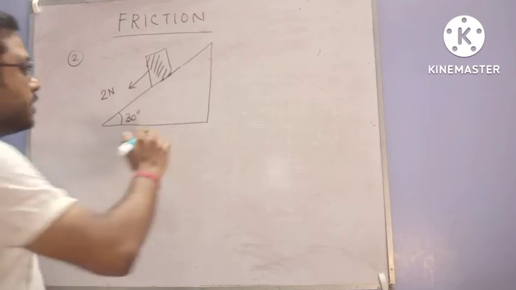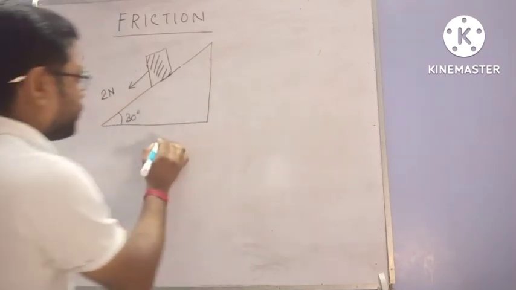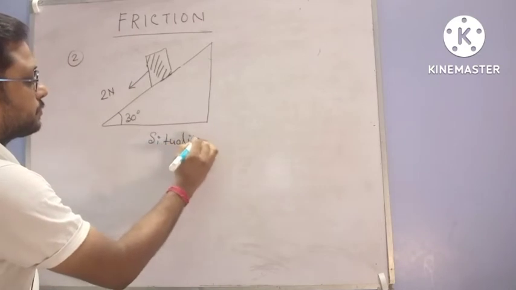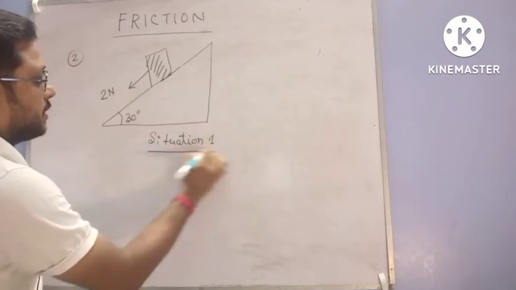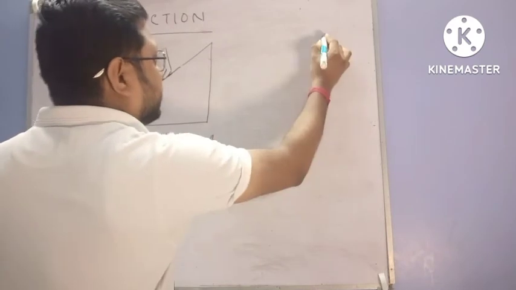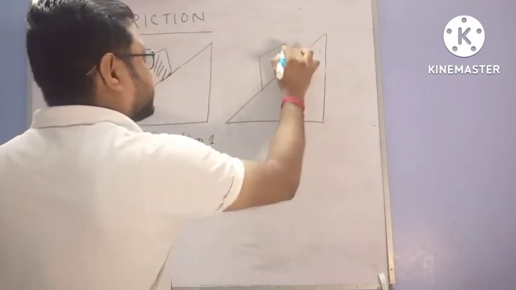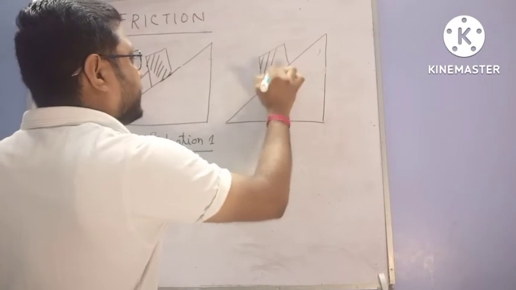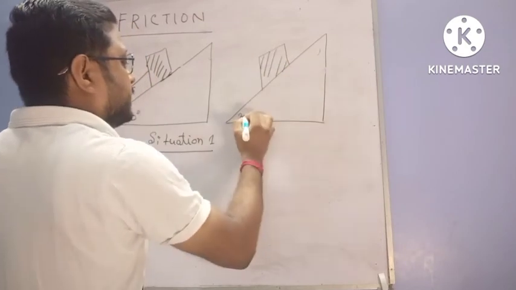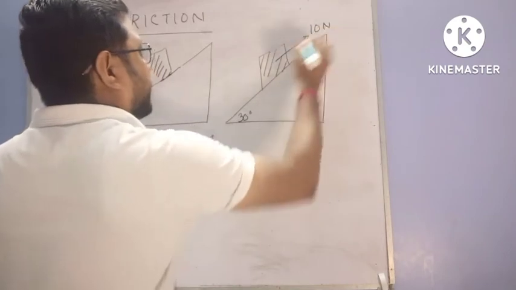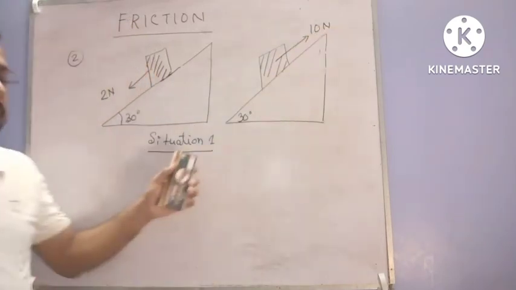Therefore, there are two situations. Situation 1 and situation 2. If the block remains stationary on this wedge, then an upward force of 10 Newton is required. Understand this.